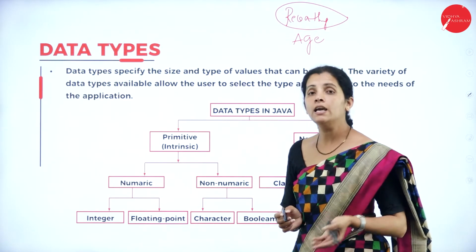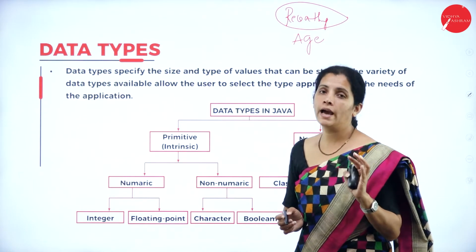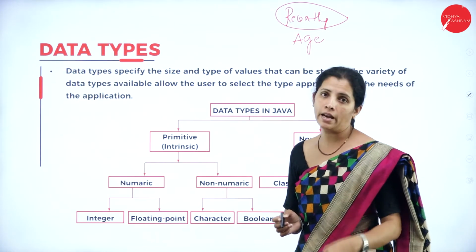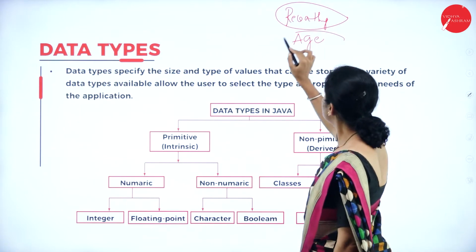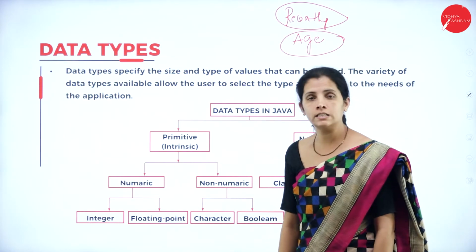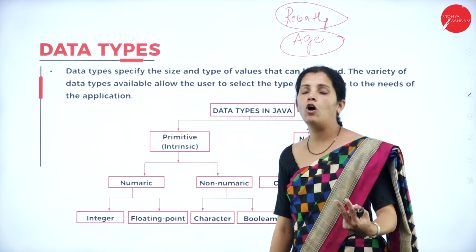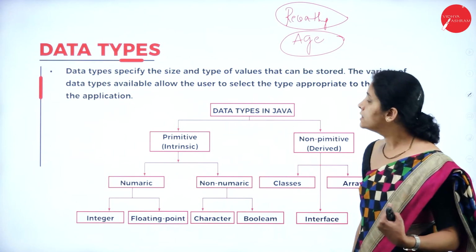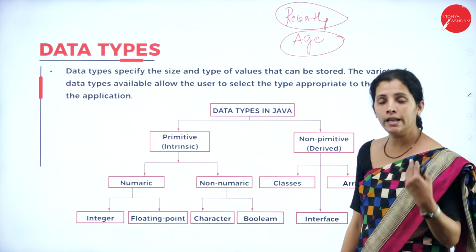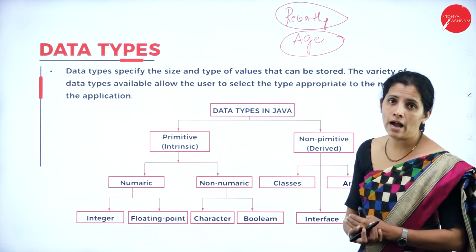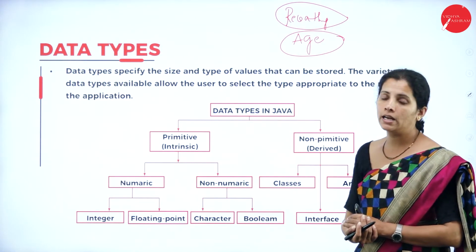It is nothing but a collection of characters or group of characters. Now, if I consider age, what is it? It's nothing but an integer, or a number. Now, I require data types to identify what kind of data it is.